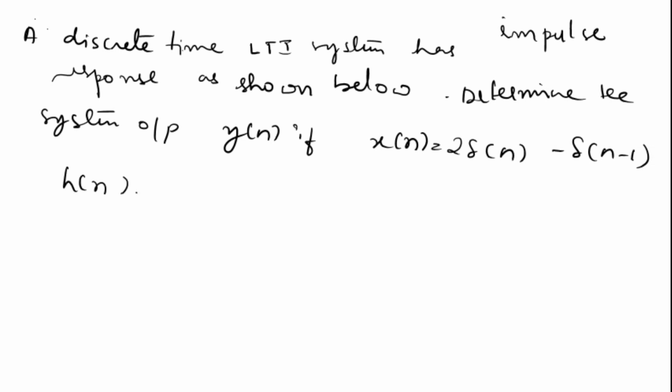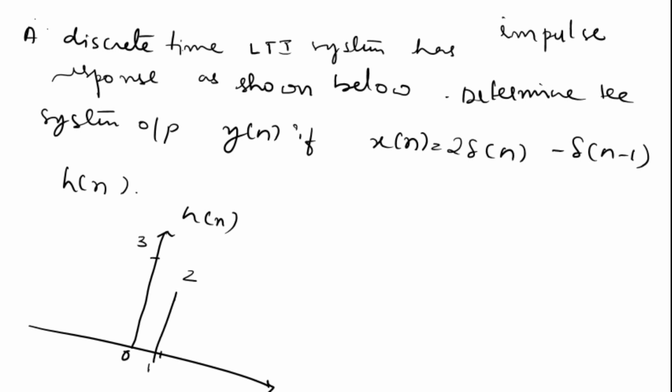h of n is given. At 0 the value is 3, at 1 it is 2, at 2 it is -1, at 3 it is 1, at -1 it is 1, and x of n is given as 2 delta of n minus delta of n minus 1.